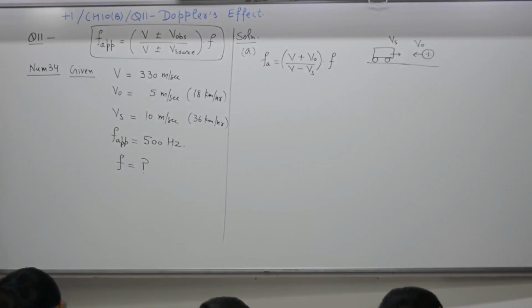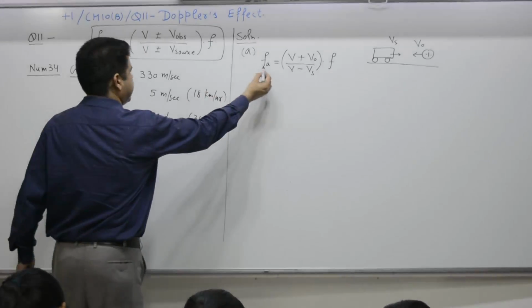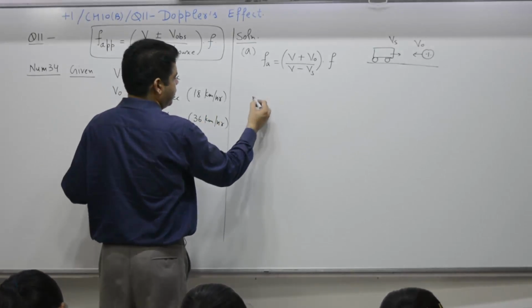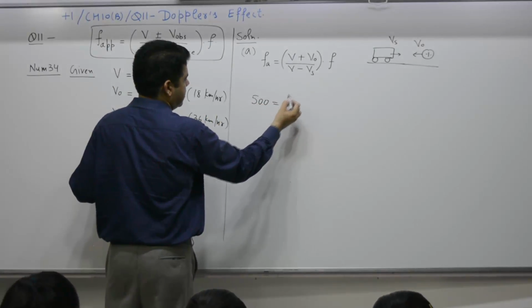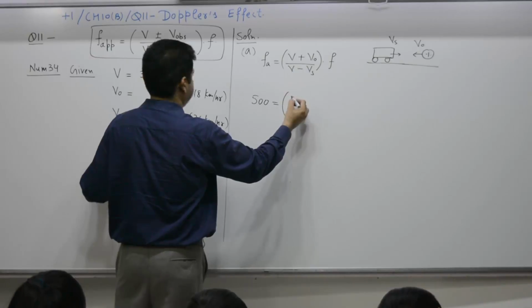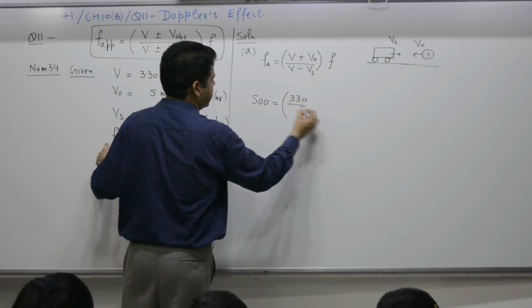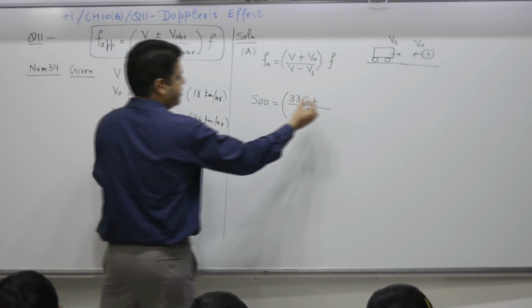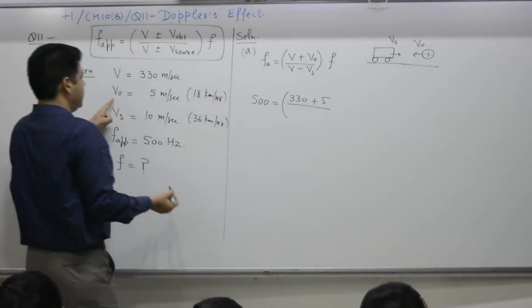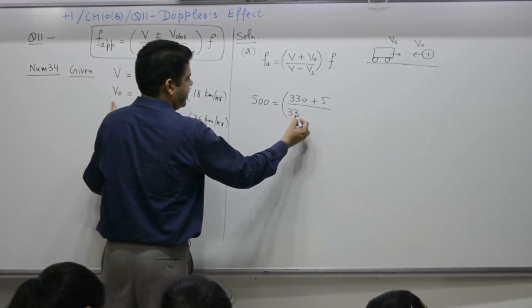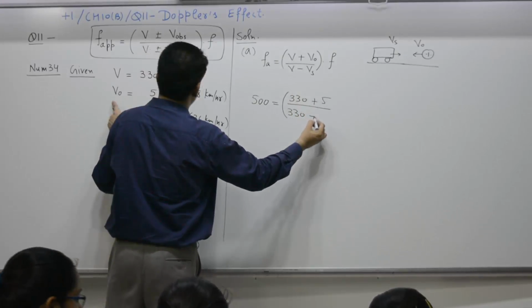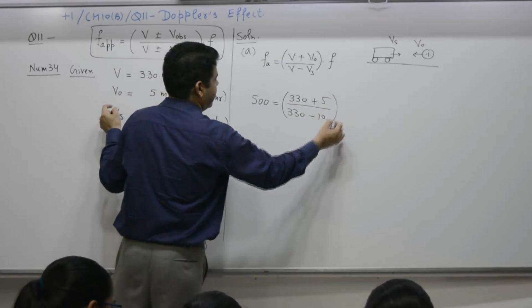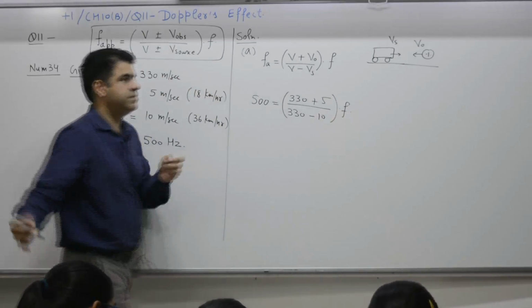What is given as F apparent? This value, 500. V 330. Observer speed 5. V 330. Source speed, 10. Find F.